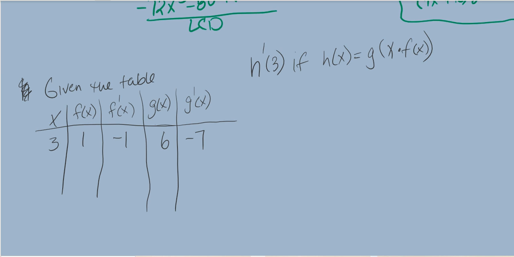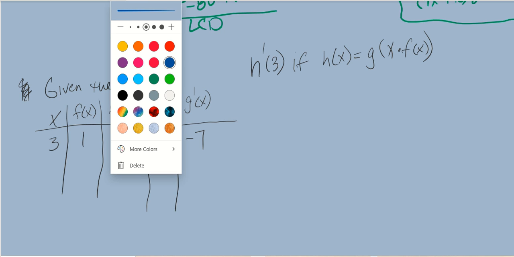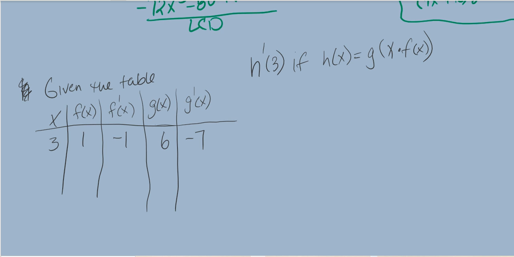Now, it is written in a very different way than what we typically see our functions, all right? But not to throw us off, technically, remember, this is a composition of another function, and if it's a composition of another function, that means we need to use the chain rule.